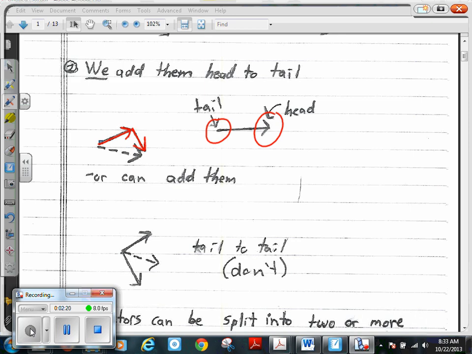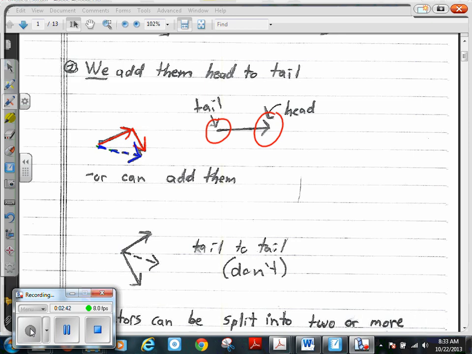Now, kids get screwed up because they think the resultant of the addition, or the added vectors, is also head to tail. But as you can see here, by example, when you actually finally add and draw the resultant of the two vectors that you added, or however many vectors you added, you don't do that head to tail.